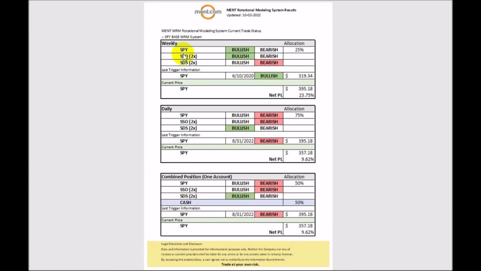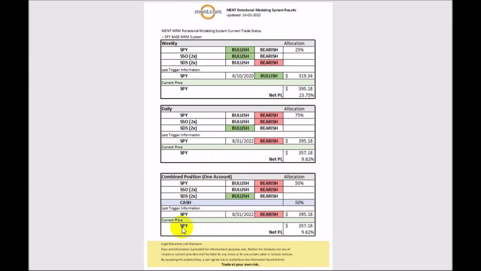Typically we have a weekly signal and a daily signal. 25% of our allocation gets set up for weekly, 75% gets set up for daily. In this case, because we're bullish 25% and bearish 75%, that nets us to a 50% bearish position in the SPY and 50% cash. And that's essentially how we would be running it as a single position.